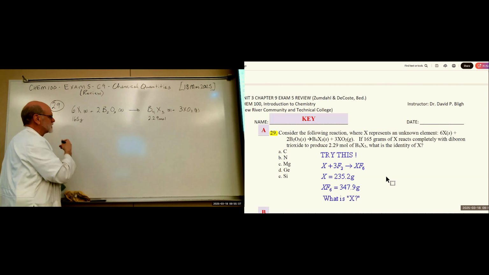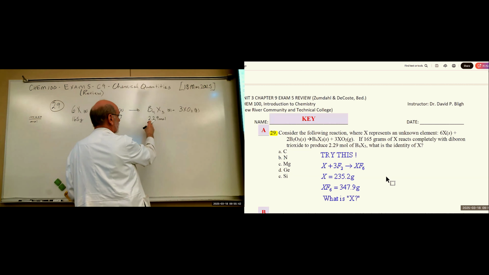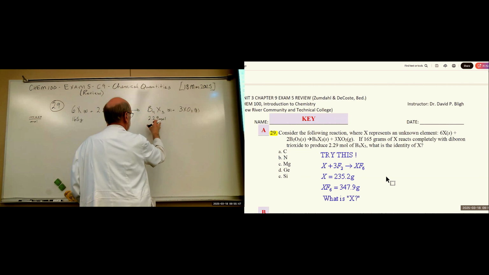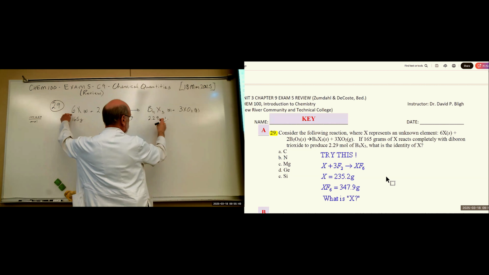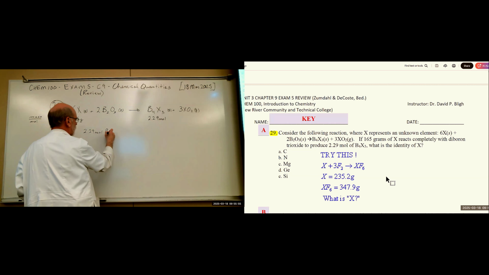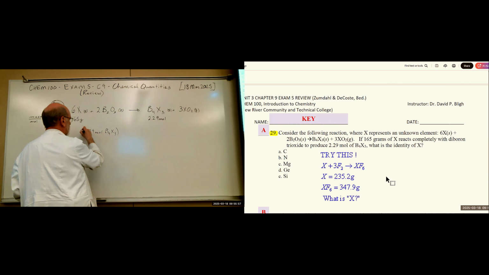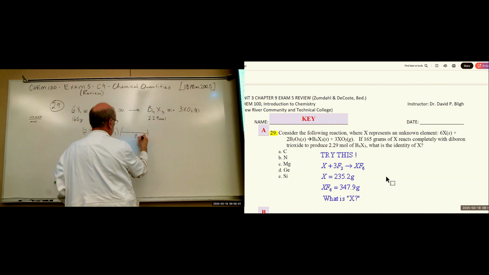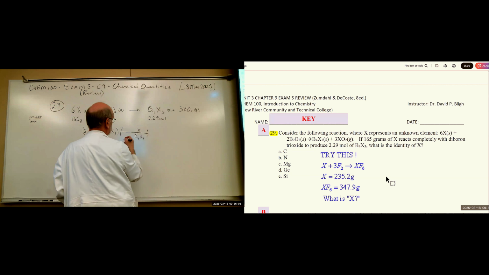So how do we do that? Well, let's see. We know 2.29 moles here, and this is a balanced equation. So we can find out how many moles this is, right? 2.29 moles of B4X3. And we use our coefficients to find out what X is.